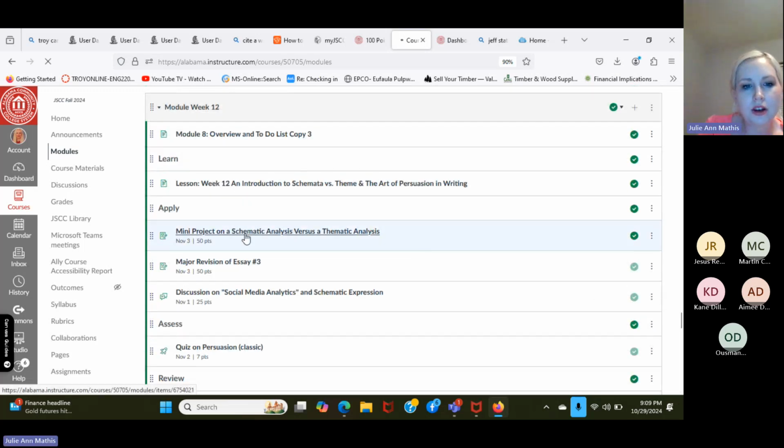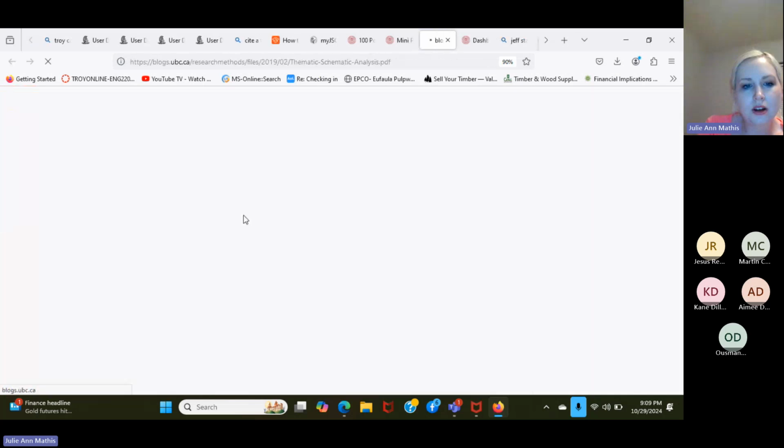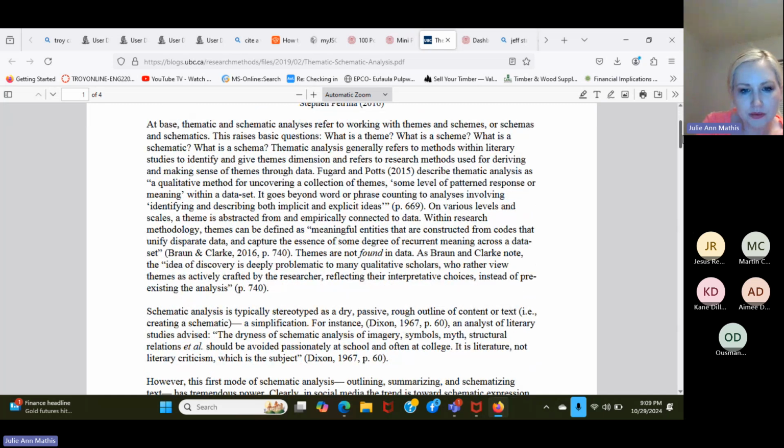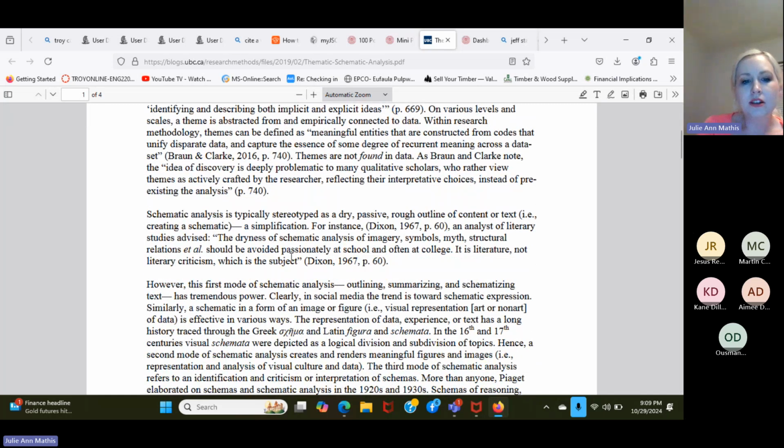Okay, so let's see. So now I got that from a particular part of this article. So schematic analysis is typically stereotyped as a dry, passive, rough outline of a content or text. And so the dryness of schematic analysis: imagery, symbols, myths, structural relations.